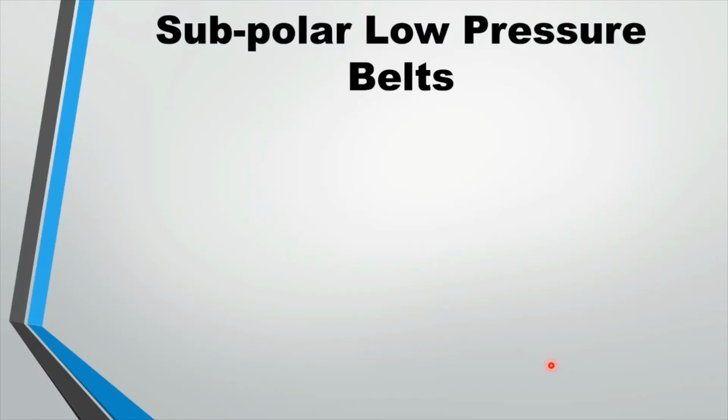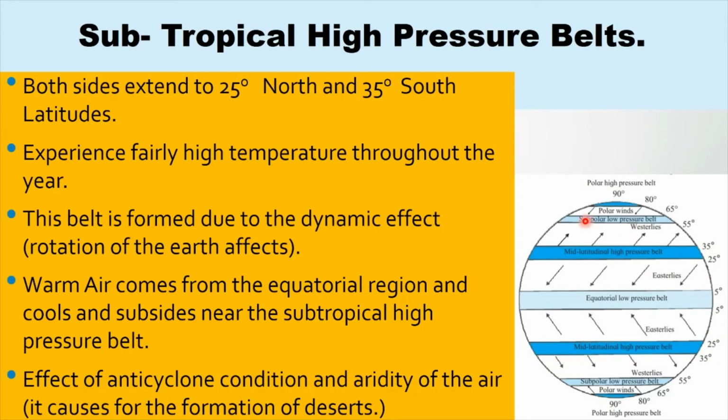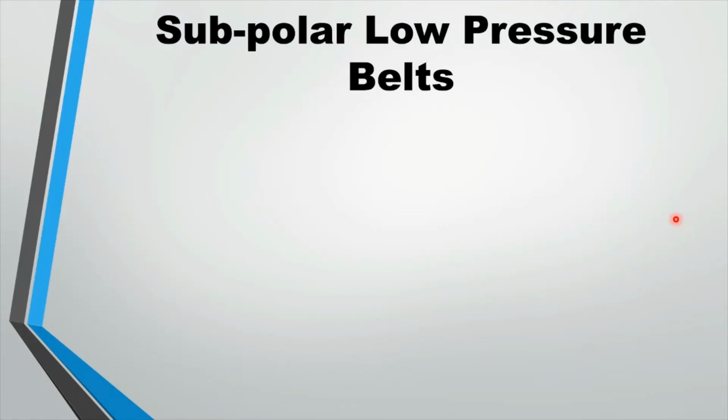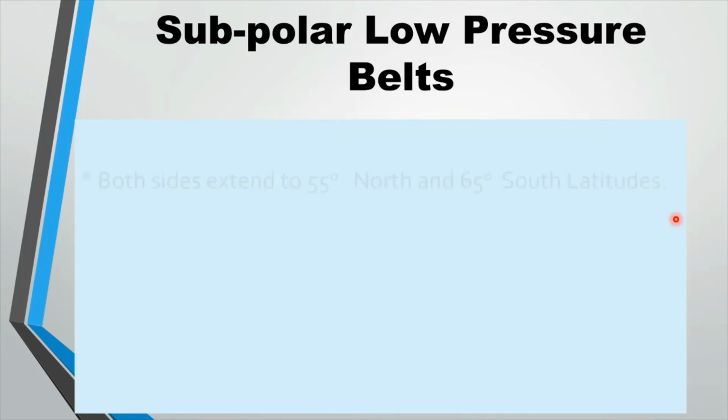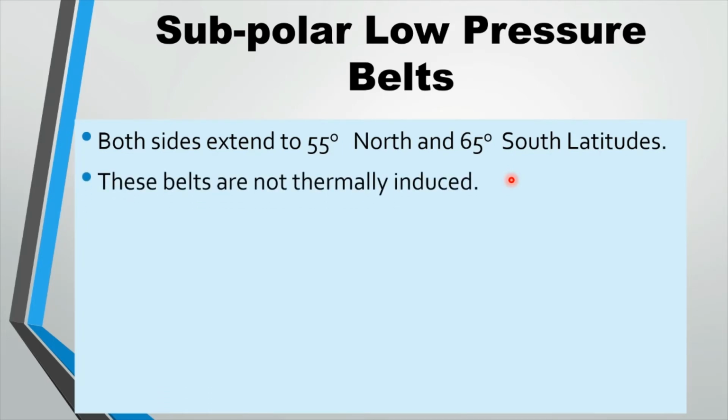Coming to the subpolar low pressure belts. Here you can already see the diagram. The subpolar low pressure belt lies at 55 to 65 degrees, which we are going to study now. It extends on both sides to 55 degrees north and 65 degrees south latitudes, around 10 degrees in between.